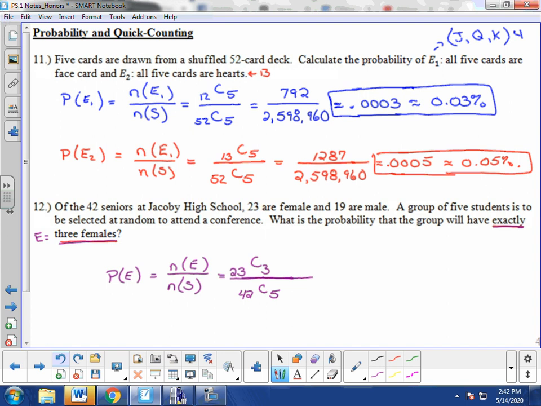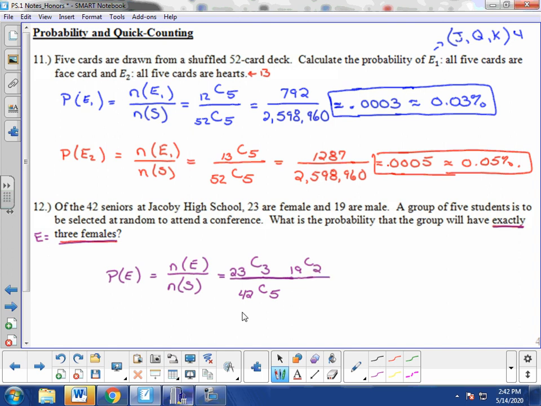But this is not the end, because in the numerator, remember that we are choosing 5 total students. So far we're only accounting for choosing 3. So if I'm going to choose, out of 42 students, 3 that are female, I must also have 2 that are male. So out of the 19 males, I need to choose 2.